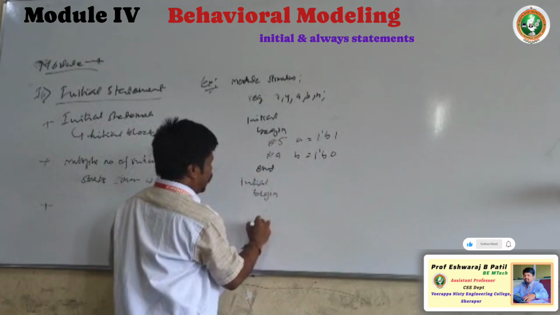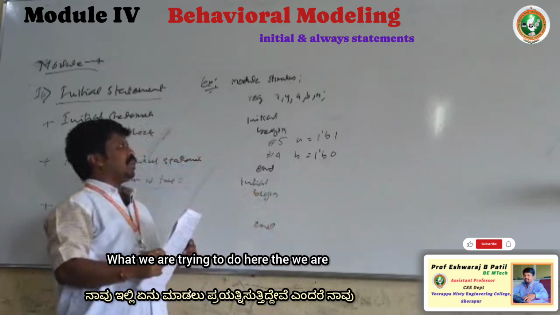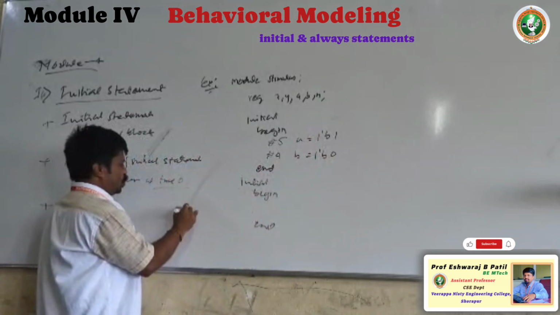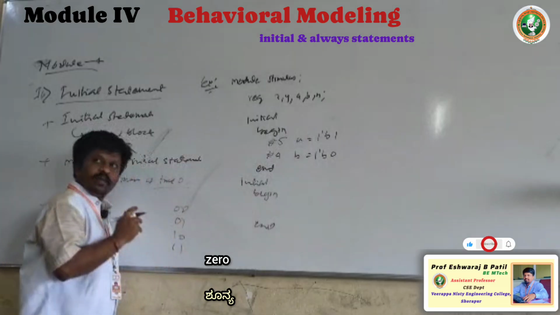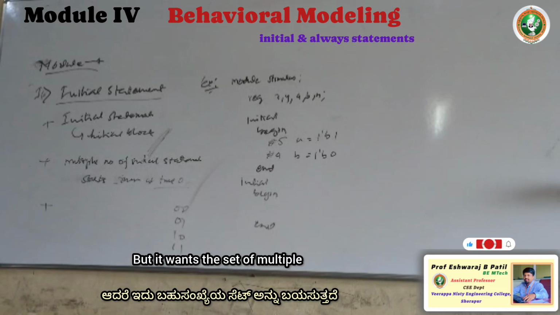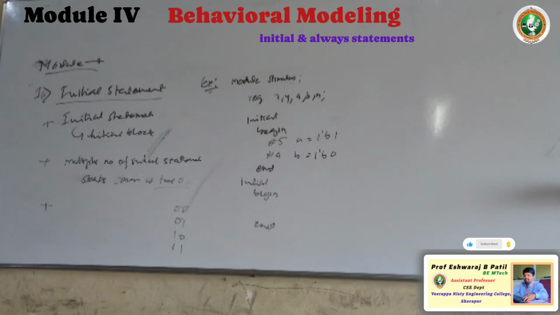Begin and end. What we are trying to do here is setting the input values with the combinations 0 0, 0 1, 1 0, 1 1. There we are writing the input combinations. When the input combination is over, we can write everything directly. But if there are multiple inputs, it repeats, and the program will start executing with different data.